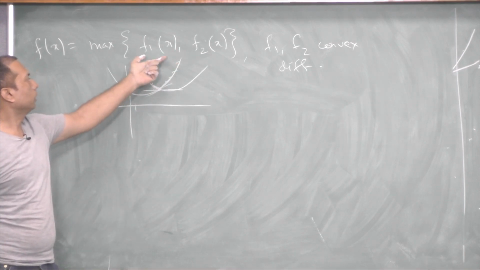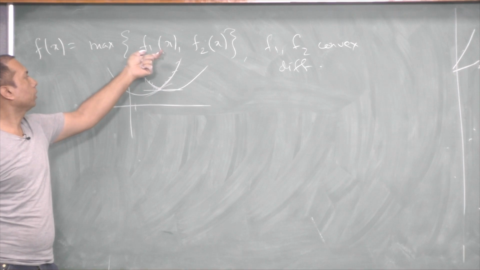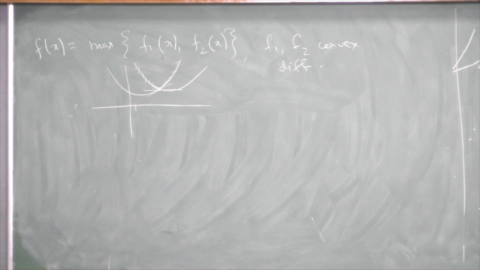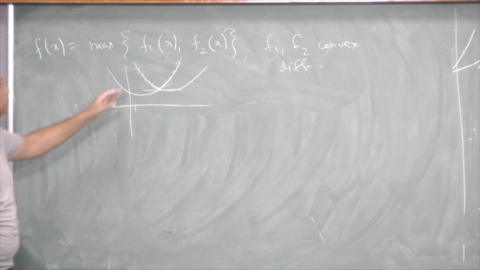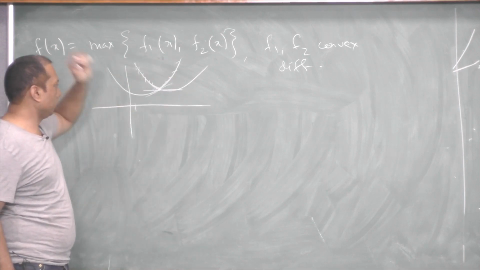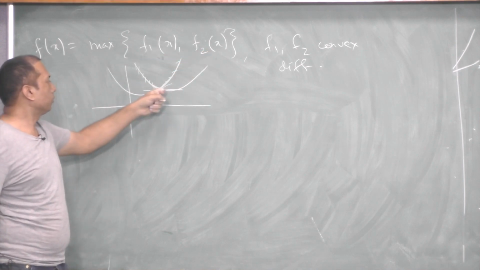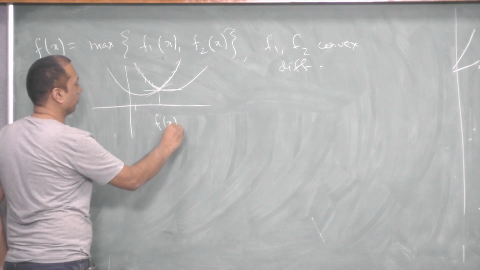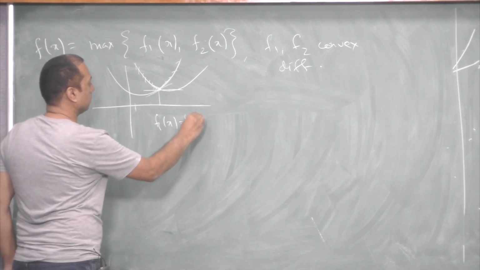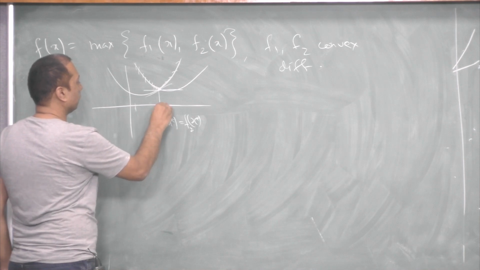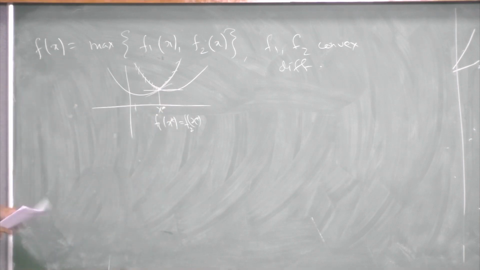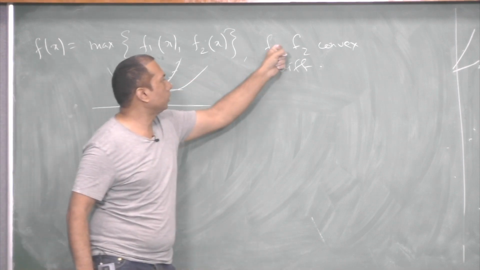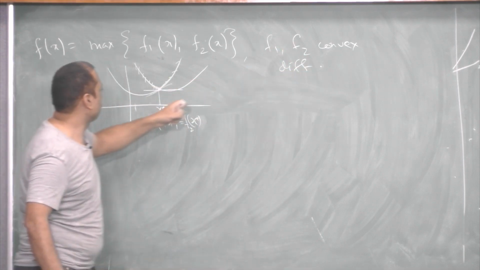If this one was bigger, it will take the derivative of this, and where the other one was bigger, it will take that. The non-differentiability comes at the point where f1(x) is equal to f2(x), because otherwise individually they are differentiable.